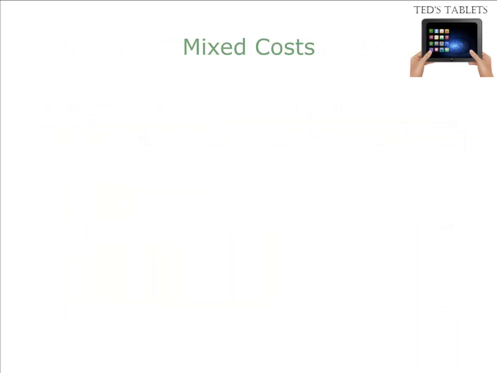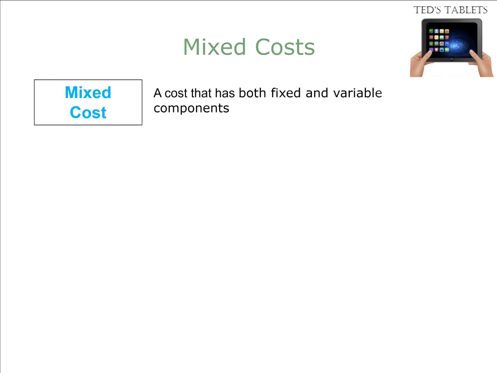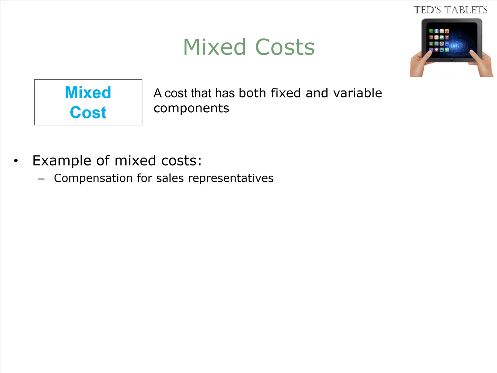Not all costs can be classified as either fixed or variable. Costs that have both variable and fixed components are called mixed costs. Examples include compensation for sales representatives. For example, they may get a fixed salary per month, that is the fixed cost, but they also get a commission based on the units they sell, that is the variable cost.